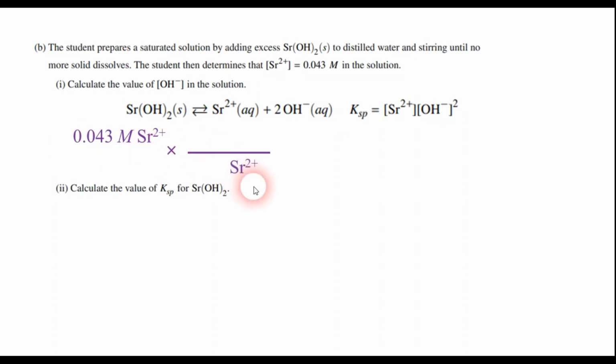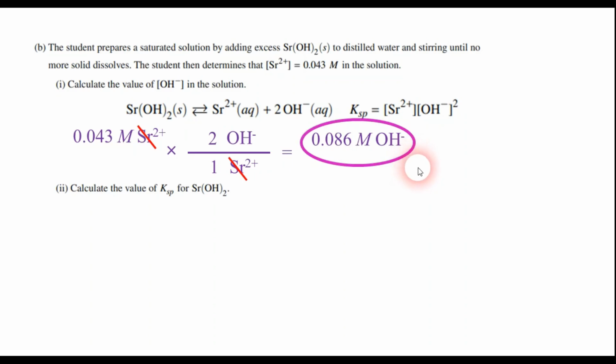So strontium goes on the bottom, hydroxide goes on the top. And from the balanced equation, it's a pretty simple ratio here, just a 2 to 1. 2 hydroxides for every 1 strontium ion. And so just multiply that by 2, and we get that the hydroxide ion concentration should be 0.086 moles per liter hydroxide.